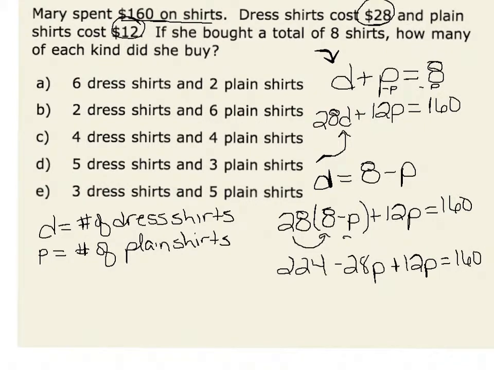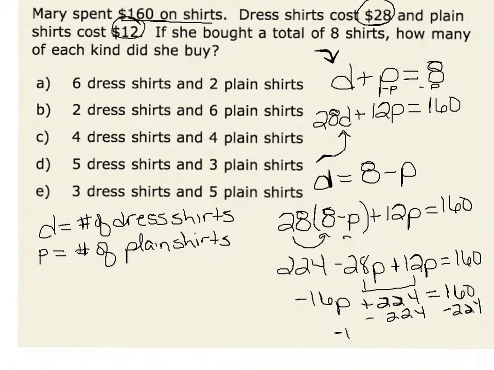I can combine like terms. 12P minus 28P gives us negative 16 times P, plus 224 is equal to 160. Finally, I can subtract 224 from both sides, resulting in negative 16 times P equaling negative 64.